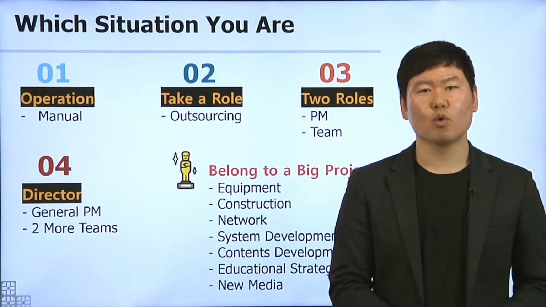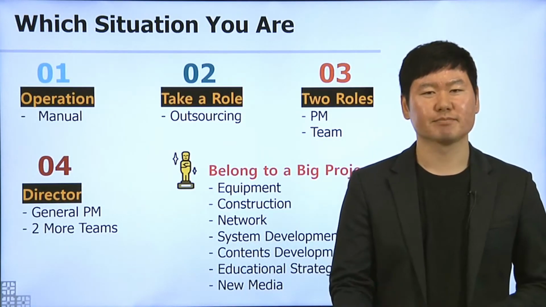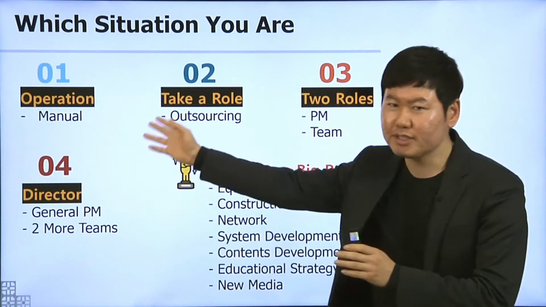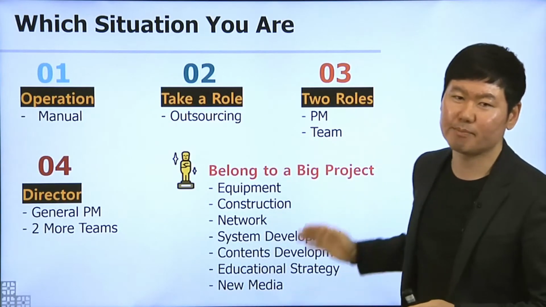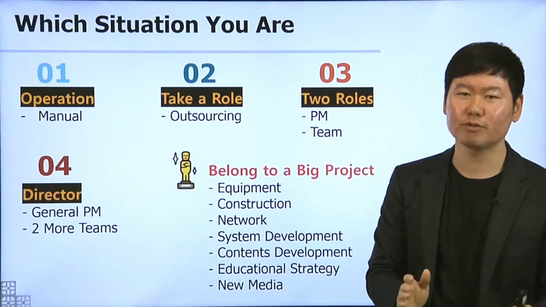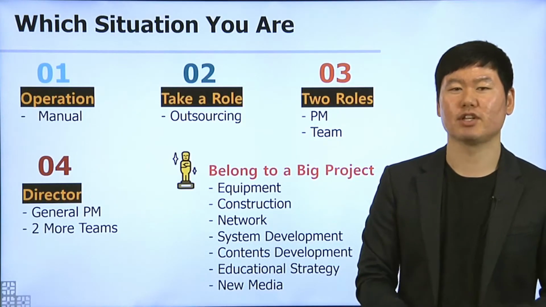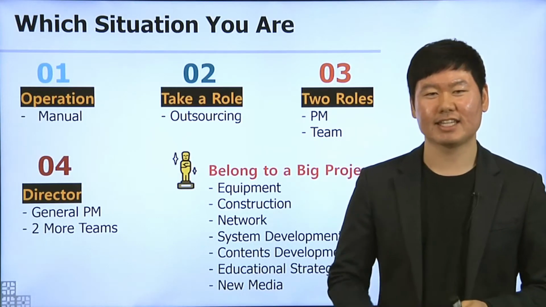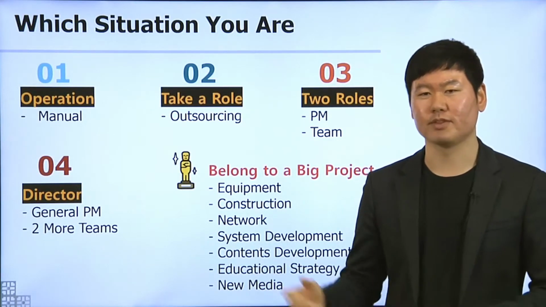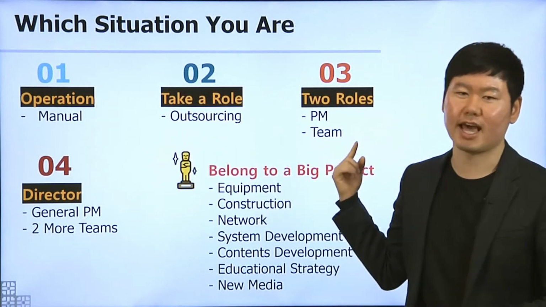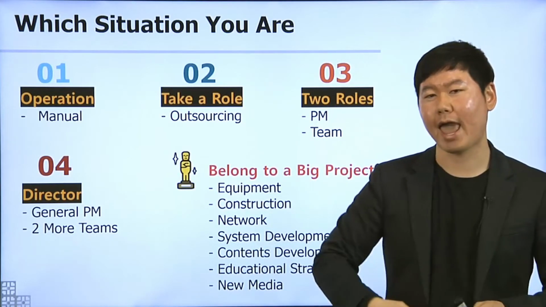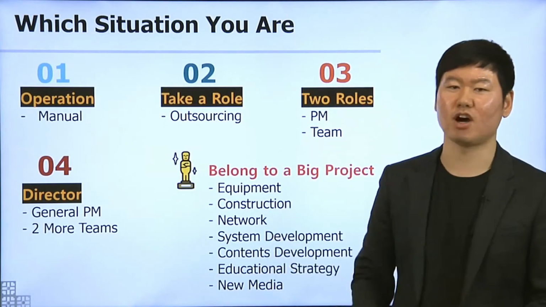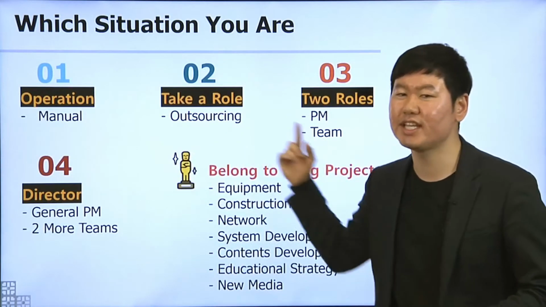I want to know which situation you are in. If you skipped the previous steps and are taking a big project directly now, I wish you study hard this time. This training can give you information from the first step to the third step because the fourth and last step requires understanding these 3 steps.